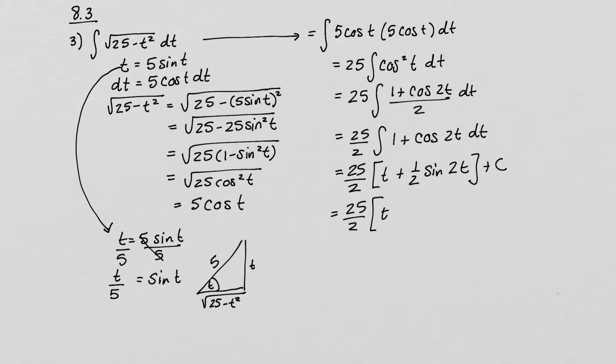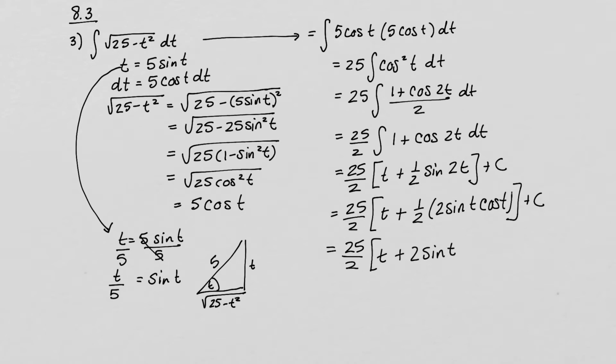So t plus 1/2 times 2 sine t cosine t plus c. So this is going to be 25 over 2 times t plus 2 sine t cosine t plus c. And if I plug in, 25 over 2, and this is going to be the inverse sine of t over 5.